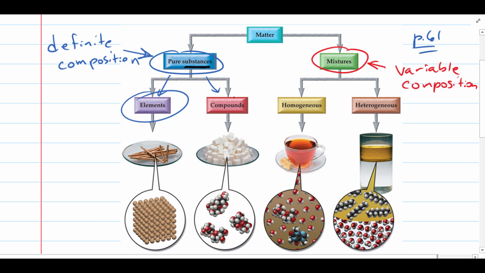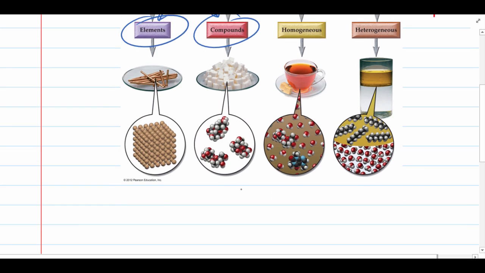The compounds, on the other hand, are combinations of elements in fixed whole number ratios. An example that this is showing, I believe, is sucrose sugar. The formula for sucrose sugar is C12H22O11.